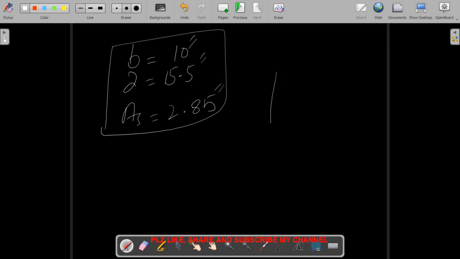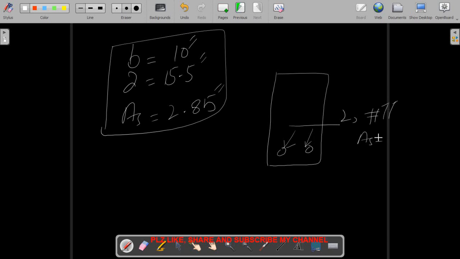And if I draw my section of the beam, I choose number 11 bar. So this will give me an area of steel which is 3.12 square inches.